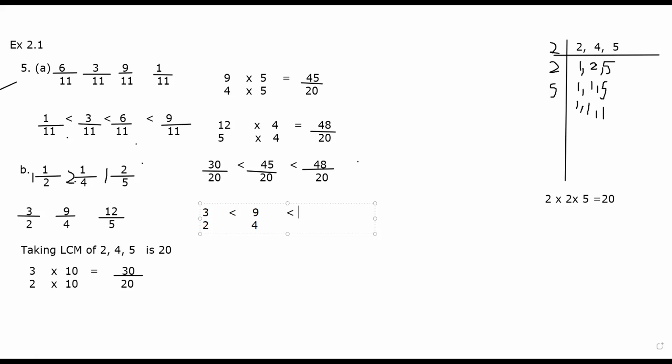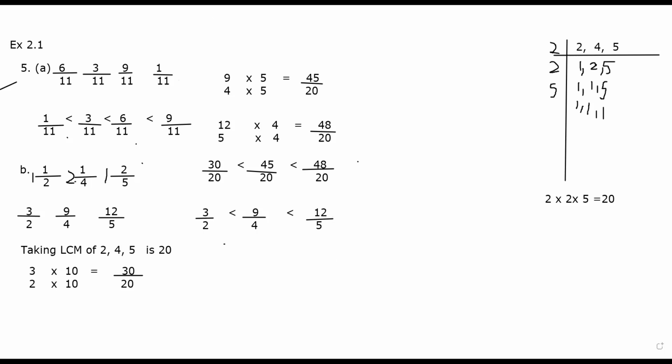And then after that we can write 12 upon 5. This is how we have to arrange these numbers in ascending order. My dear student, this is the final answer. So we have to do this thing.